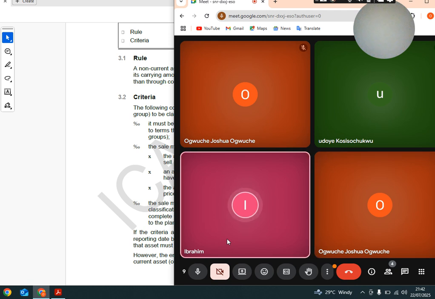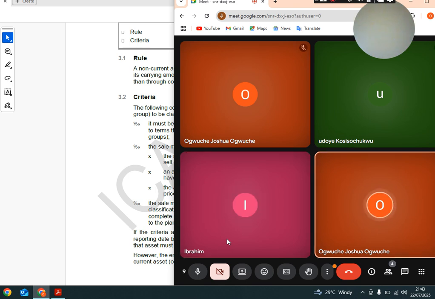Sir, you said lower of carrying amount and net realizable value less cost to sell. No, when you are using net realizable value, it is your fair value or realizable value minus any cost you incur to sell the asset.